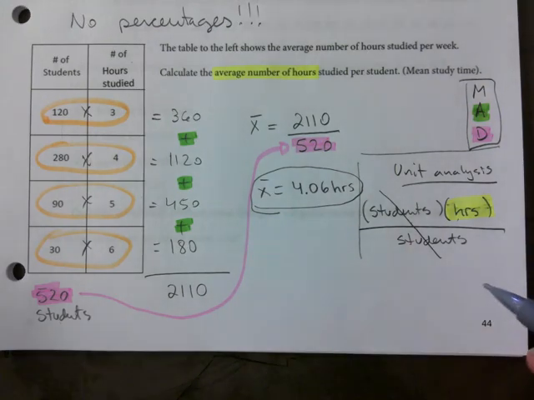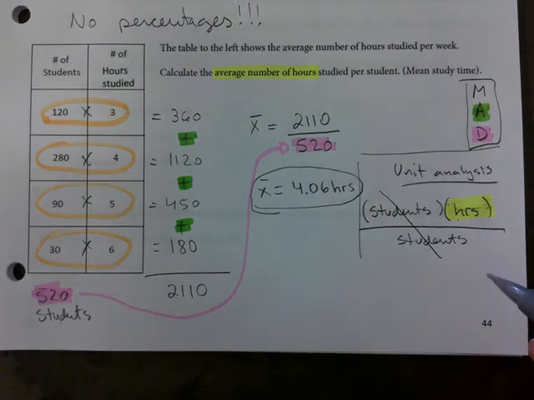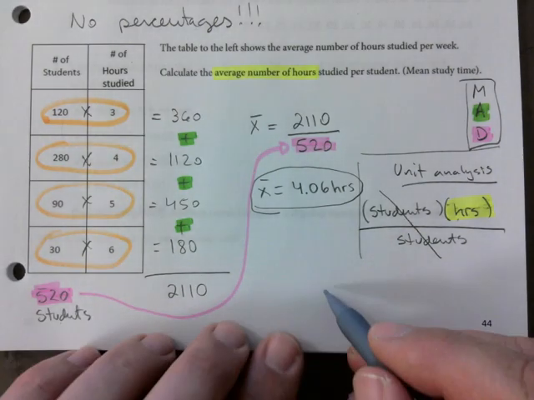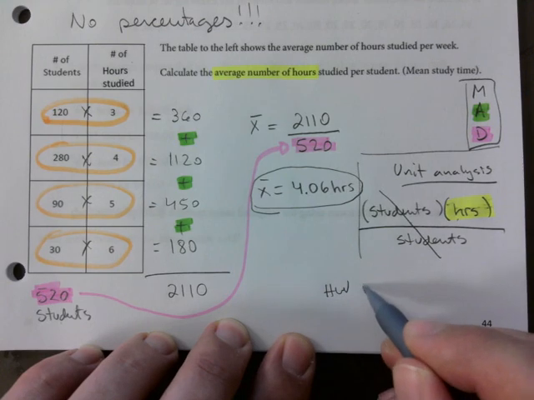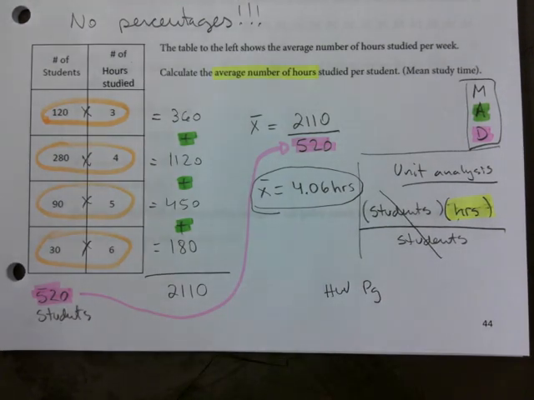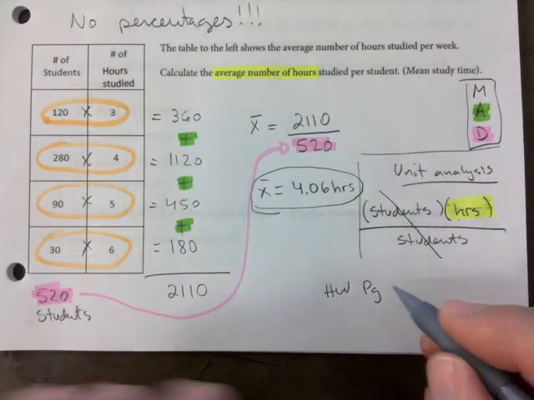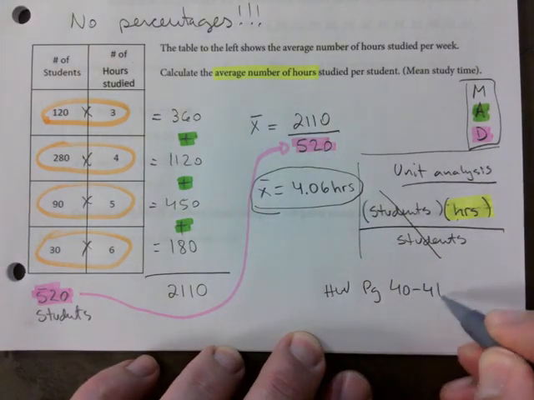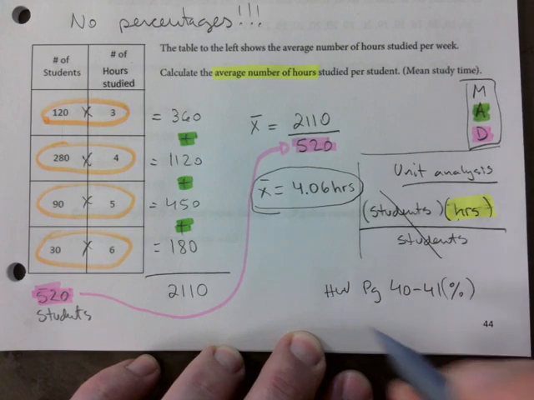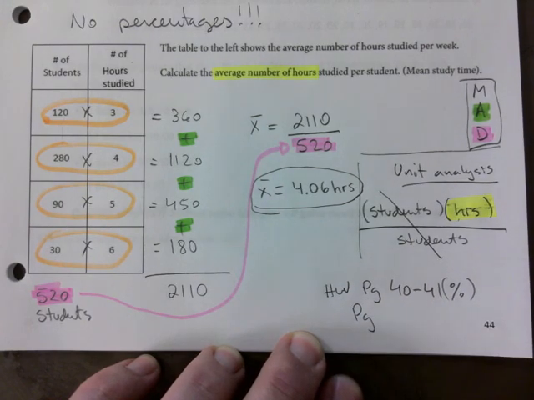Okay, I'm gonna leave it right there. So homework is gonna be pages. It actually starts before already, so I'm gonna say 39 to 40 to 41. That's percentages. Okay, then it's going to be 44 and on.